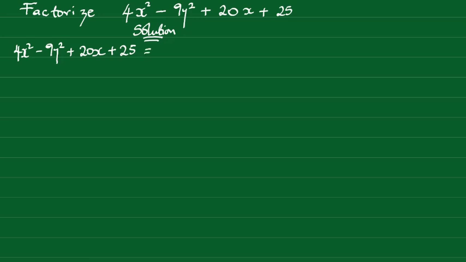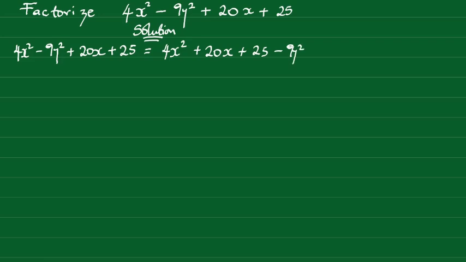That is, we write our expression equal to 4x squared plus 20x plus 25 minus 9y squared.